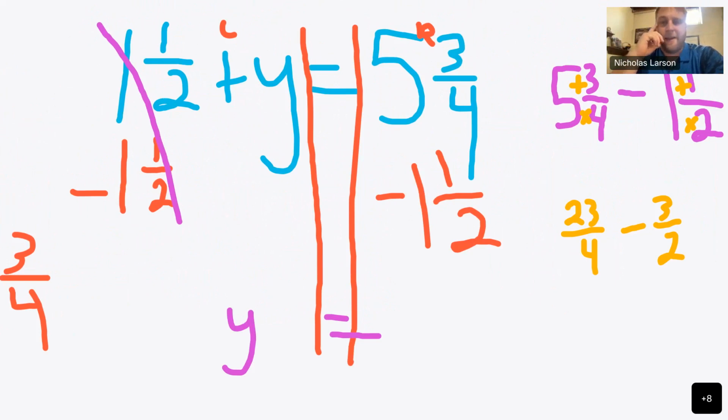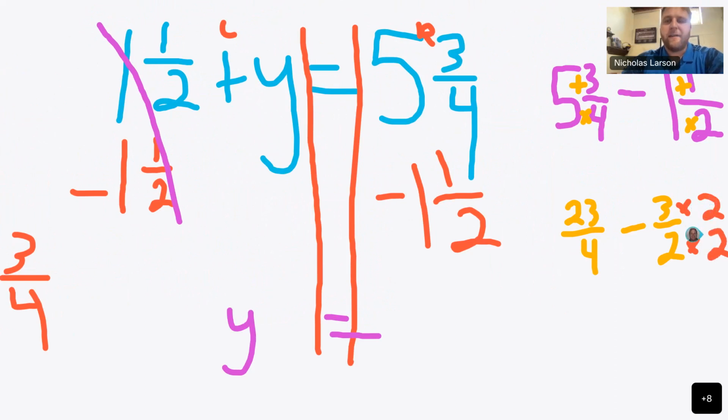No, right? We cannot. So we have to do something to this on the right side to make it so that it's the same. So if one of my denominators is 4 and one of my denominators is 2, I'm going to multiply the top and the bottom by 2.